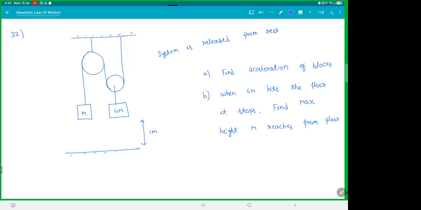Initially, the system was released from rest. Let's find the acceleration of the blocks. Remember the process. Don't know how to start?